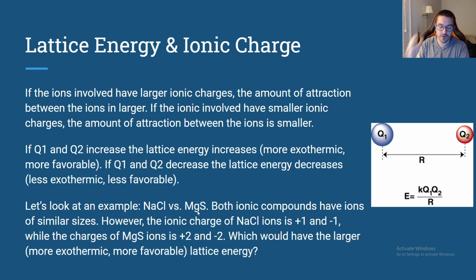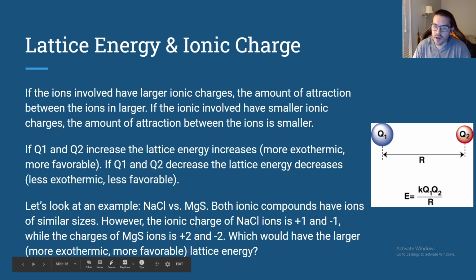Why the huge difference? Well, it can be explained by looking at this formula. Q1 and Q2 get multiplied by each other, the magnitude of the charges. What's plus 1 times minus 1? Well, it's just minus 1. If you think of the absolute value, 1 times 1 is 1.